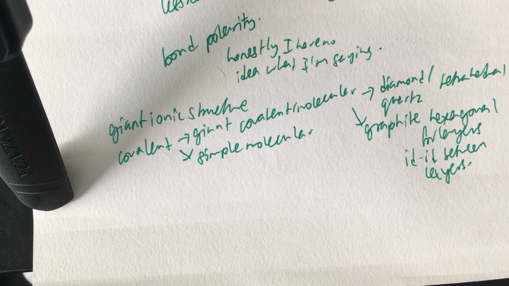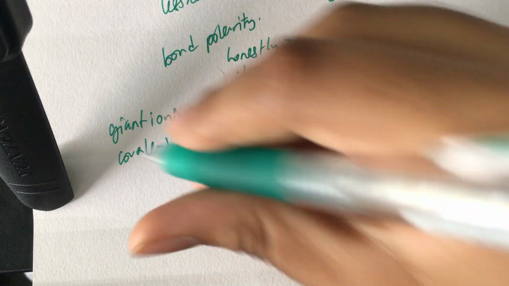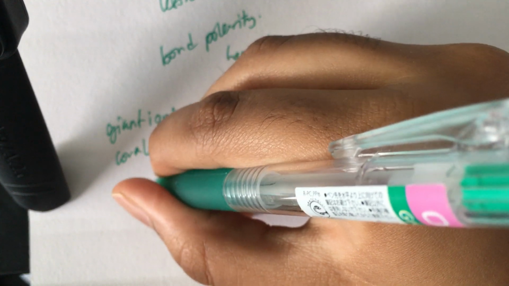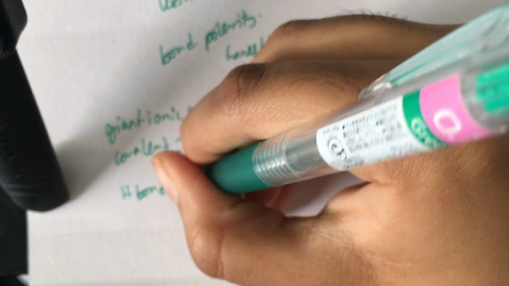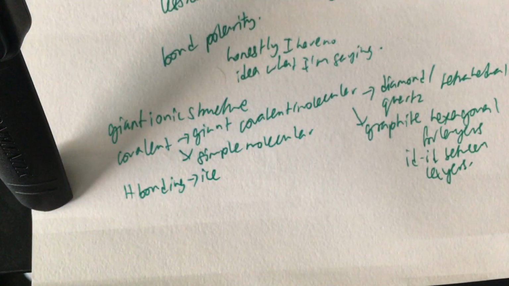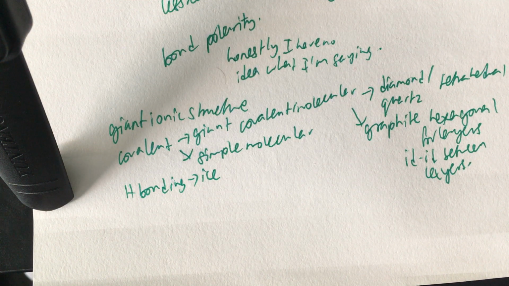Then the fifth one is hydrogen bonding. For hydrogen bonding in ice, when water molecules come together, you have to think of how the positive hydrogen will bond with the negative oxygen of the other molecule, and in that sense it will form a crystal structure.